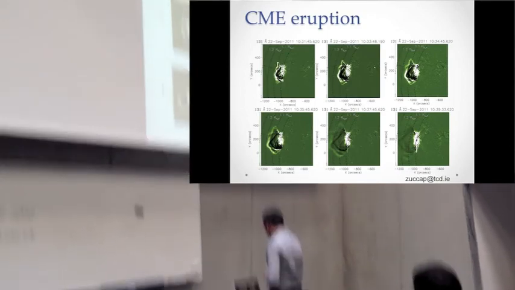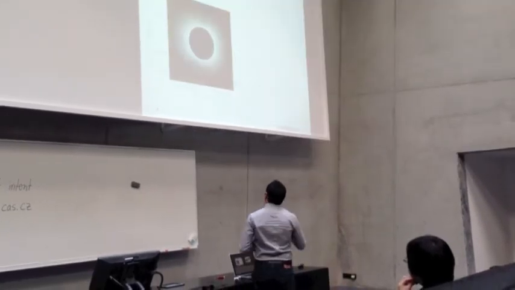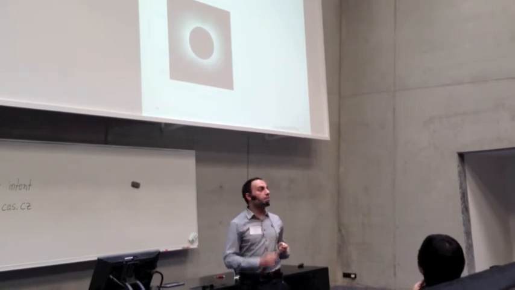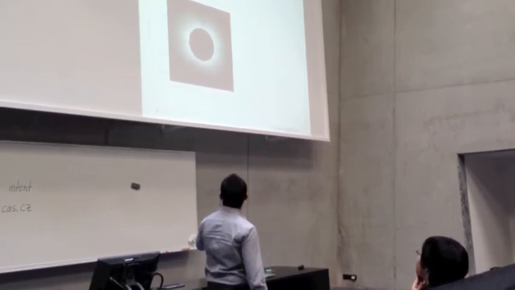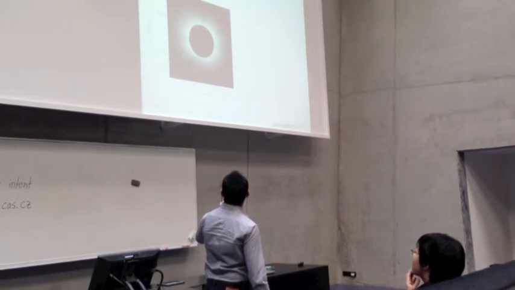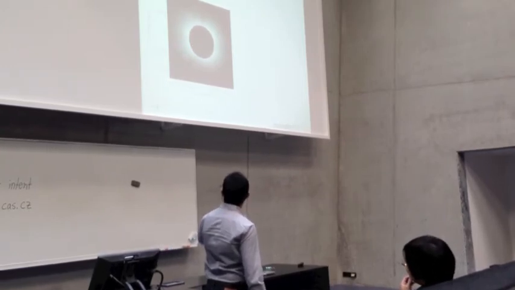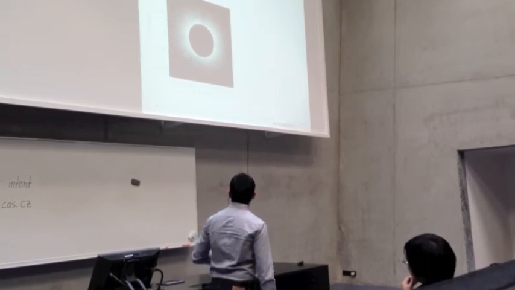Now, what we have done, we observed the type 2, the one I showed before, and I took one of the density maps, and I took several profiles, non-radial this time, because this is the direction of the propagating CME. So the question is, where is the shock formed? In order to try to understand that, I took this density profile.